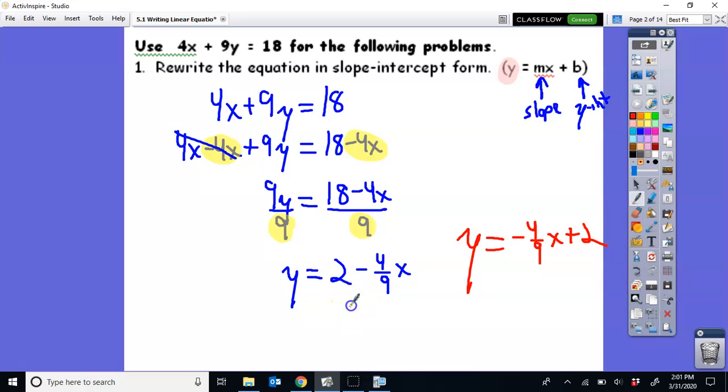I switch these two to put it into the true slope-intercept form, mx plus b. So my slope is negative 4 ninths. My y-intercept is 2. We'll come back to that in just a little bit, because remember, there's a very quick way I showed you how to use this to graph an equation.